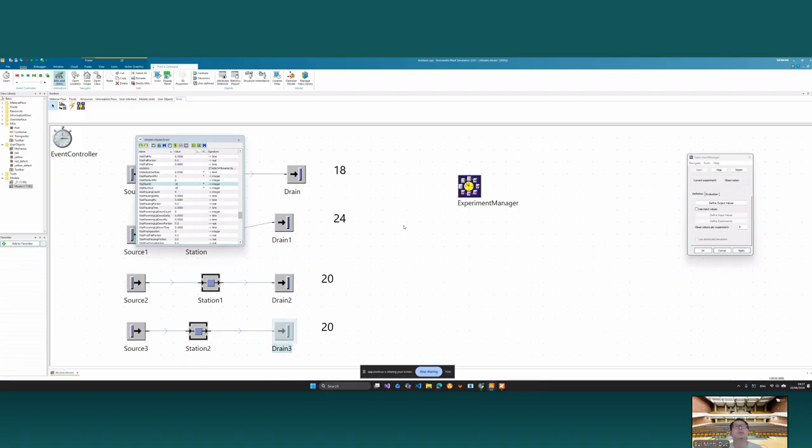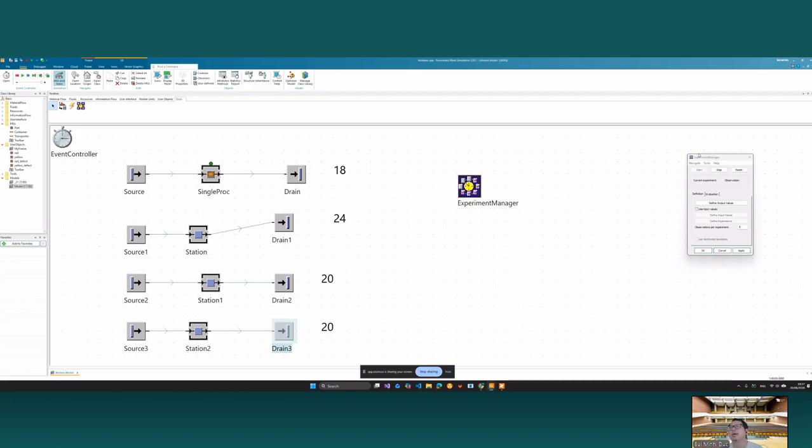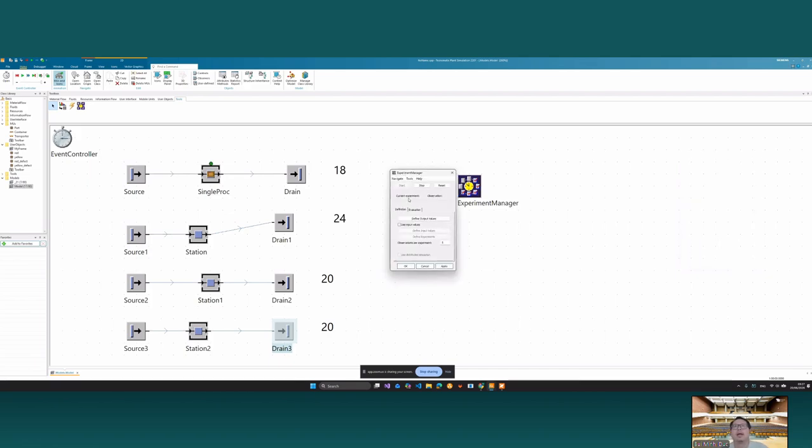And now, again in the experiment manager, how many experiments do you want to do? I want to do maybe 10,000 times. Make sure that you reset everything.